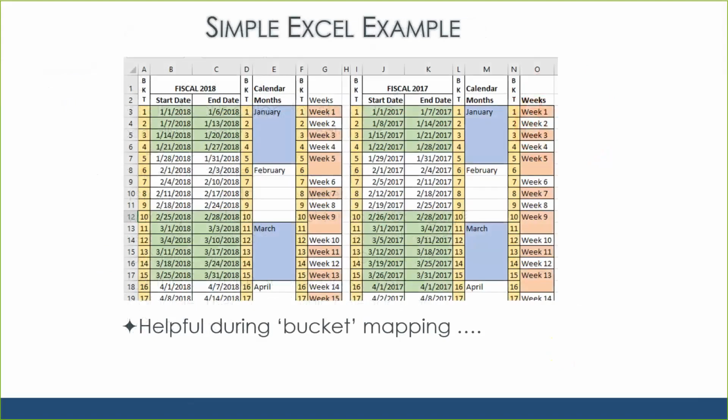So just as a very simple Excel example that I've set up, I've broken it up by the different fiscal weeks within my calendar. And in the orange, I've got what buckets those correspond to.